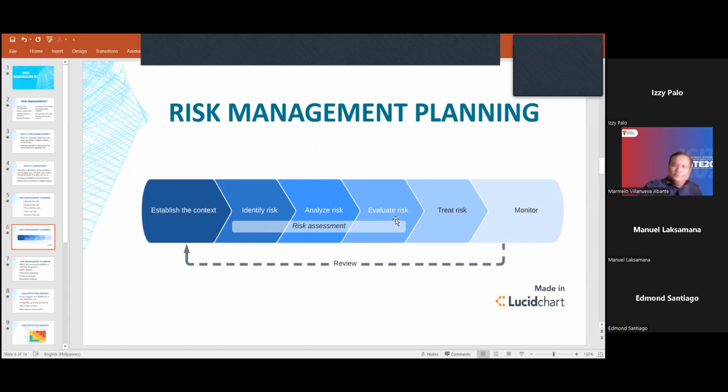That's the part of the risk assessment. And then we are going to treat and then monitor, and finally we review the whole process for future reference, since the risk may possibly appear in the next timeline or in the near future, so we can handle it rightfully.